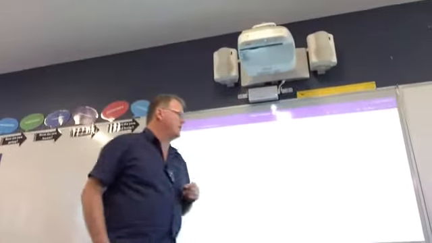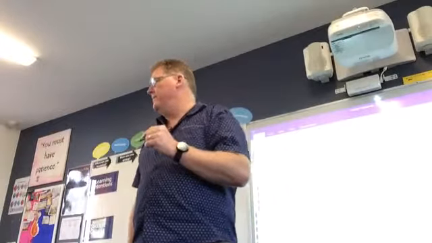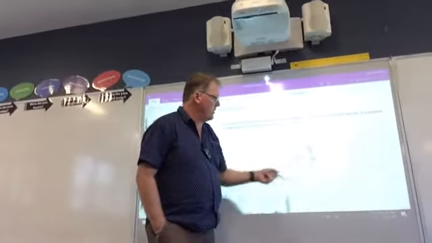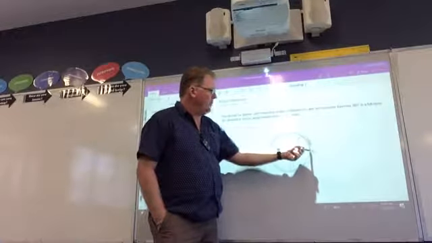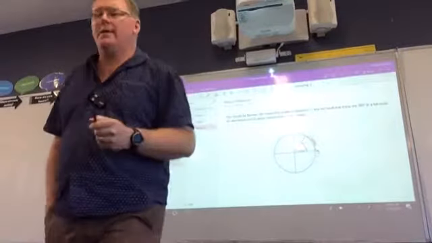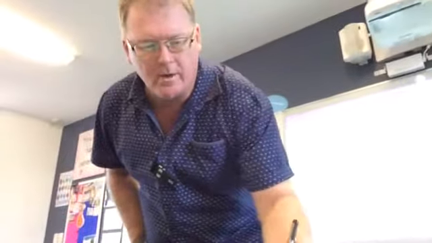So some bright spark decided that we can measure things by using the radius of the circle as a linear measurement. Okay? So if you look at the diagram that we've got on the board, you can see that we've got a circle. And we've got the radius of that length there. So we'll call the radius R. I know I'm really original.